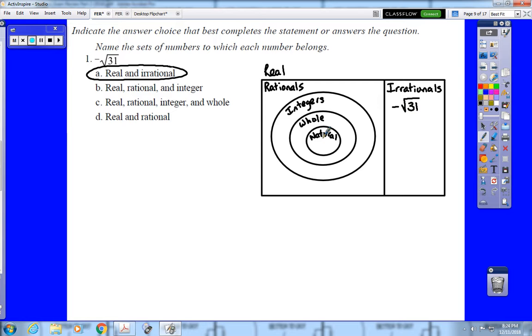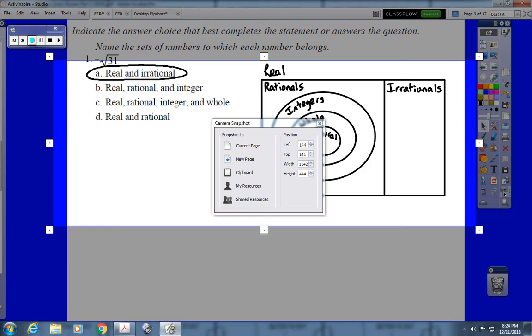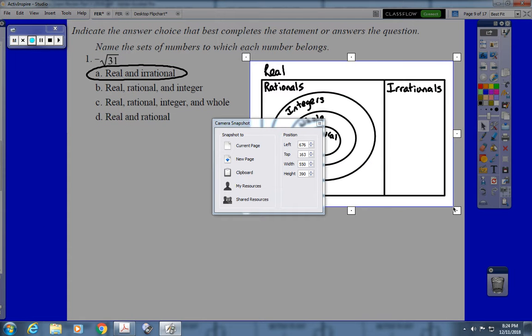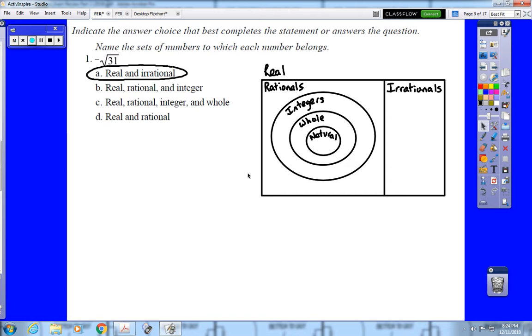Any number that's natural is also whole, is also an integer, is also rational. I'm going to grab this and take it to the next page so we can use it there as well. So I just want a picture of that to take to the next page.